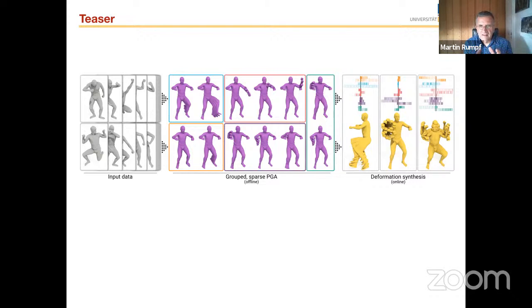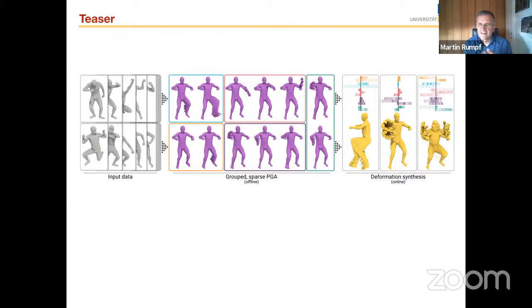Inside the bundles, there is a strong interaction of the different types of motion, of variation of the shapes. And in between these bundles, these groups, there is only a little interaction between the modes. And that is the key. Once we have this, then we can do deformation synthesis, mesh editing, and other animation purposes.